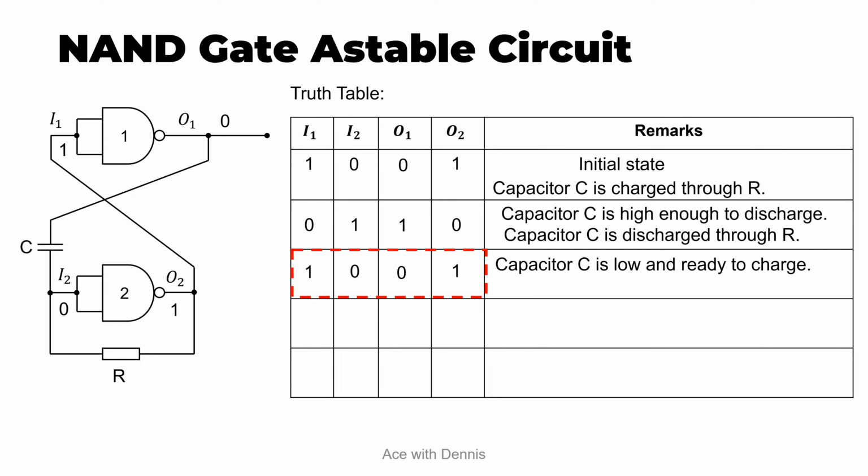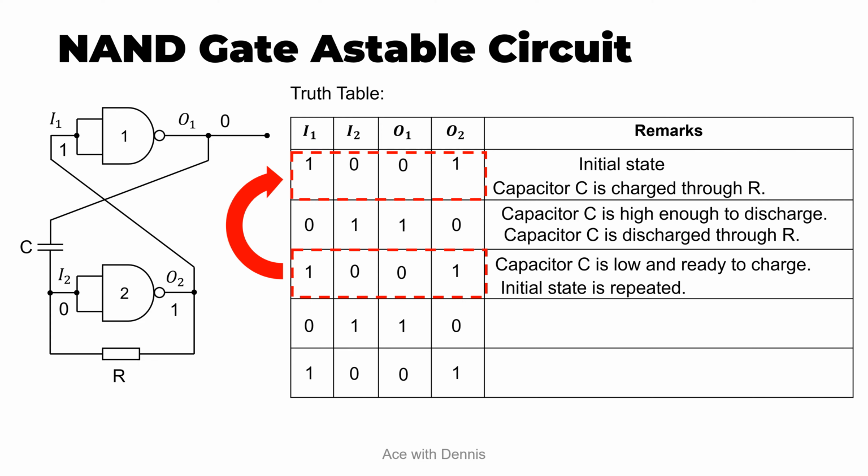So look at the result for this state, 1001. It repeats with the first state, 1001 here. So the initial state is repeated. And the result for the next state will be 0110, and 1001, and continue.